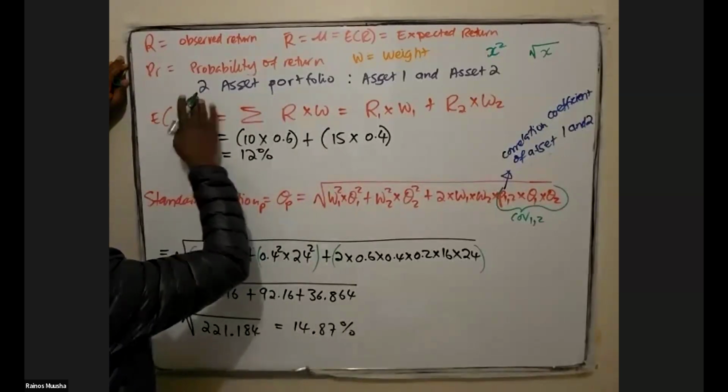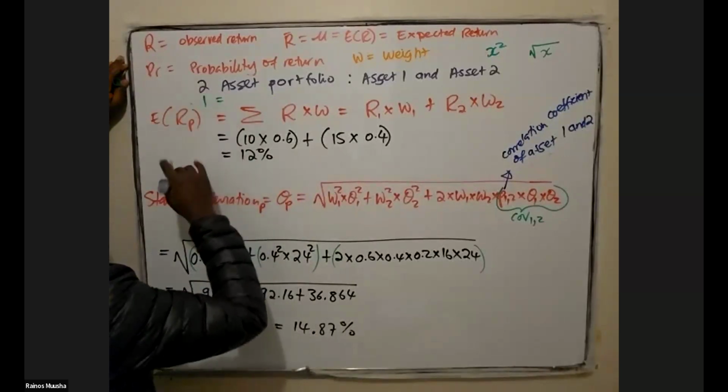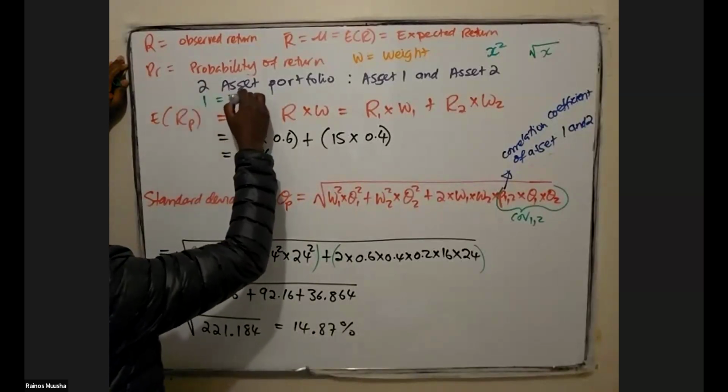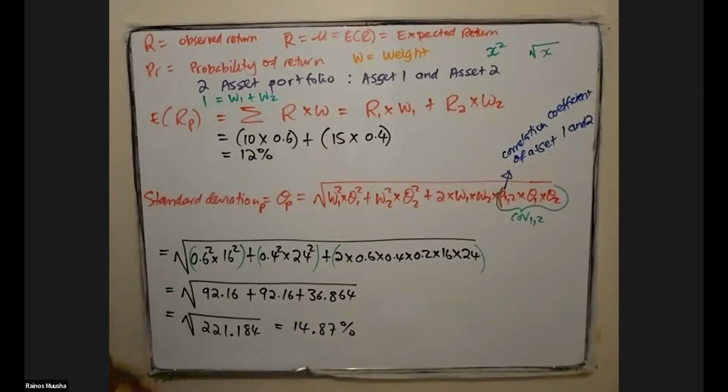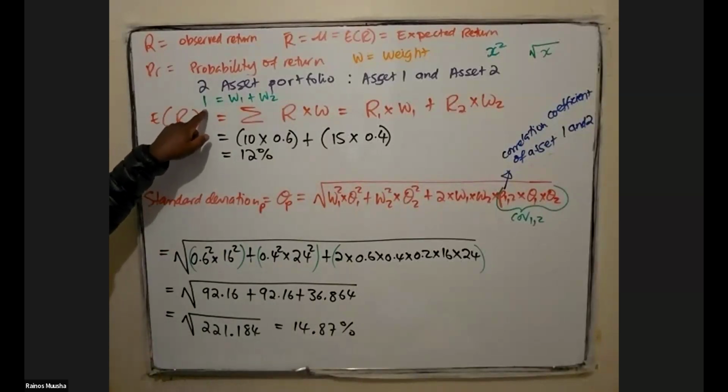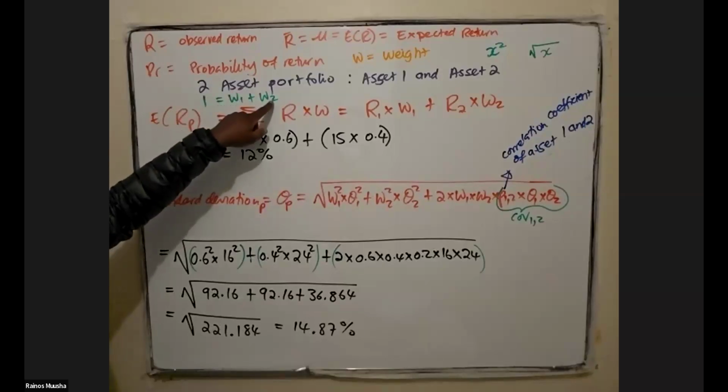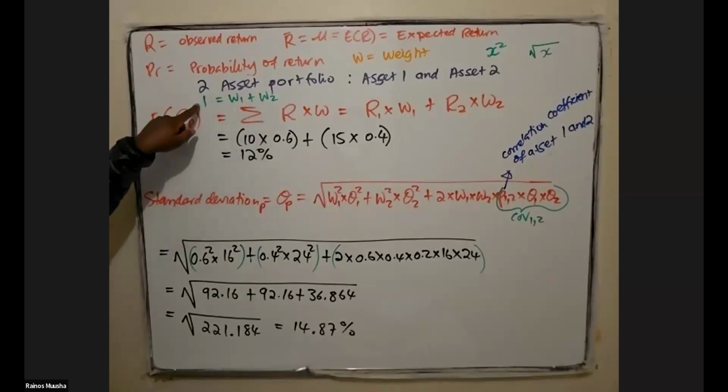It means 100% of the weight is equal to weight of asset one plus weight of asset two. Remember we said your weights should always add up to 1 if they're given in decimals. So weight of asset 1 plus weight of asset 2 gives you a total weight of 1.